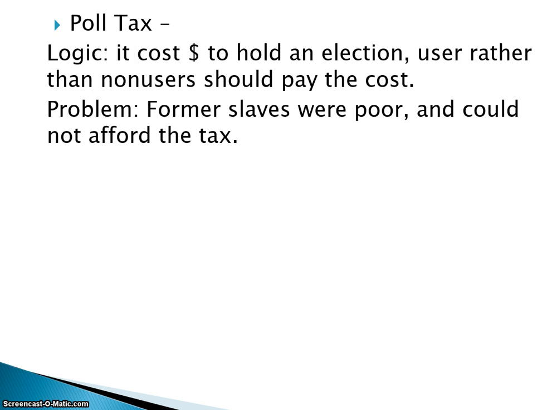The problem was former slaves were poor and couldn't afford the tax. So if by chance a former slave could read, could they actually afford the poll tax? And the answer was no. Most of them could not afford the poll tax. They were sharecrop farmers. Sharecropping really left them in a position almost indistinguishable from slavery.